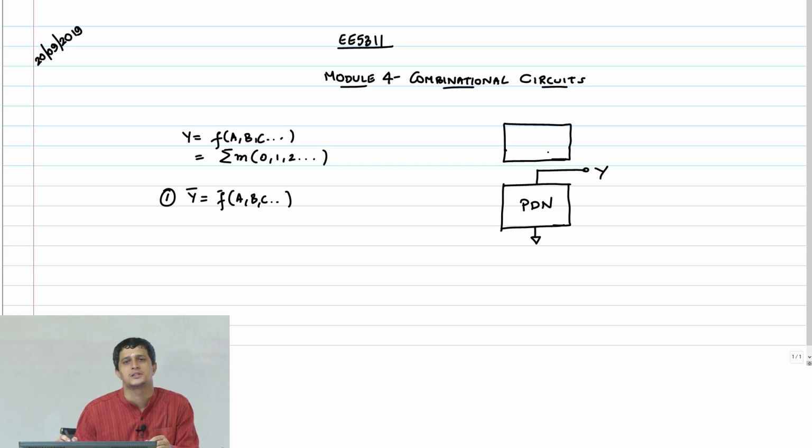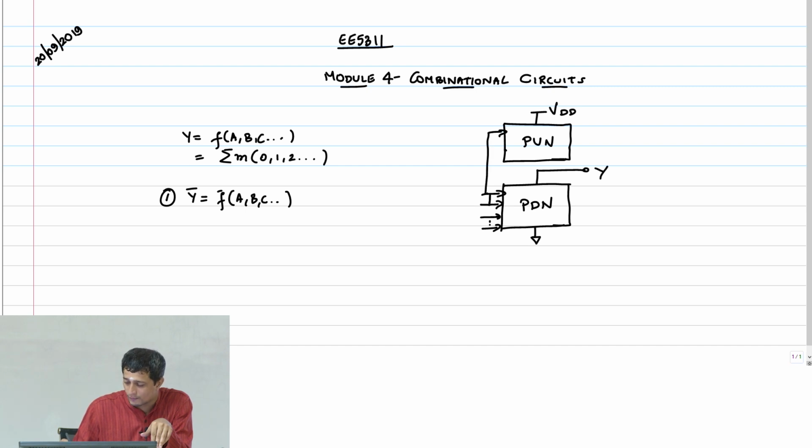But of course, since these are all PMOS transistors, you don't have to connect the complement of the input to the transistor. Just connect the same A, B, C and you should be fine. Okay. So this is the pull up network to VDD, and basically you have the same inputs going to all of these.